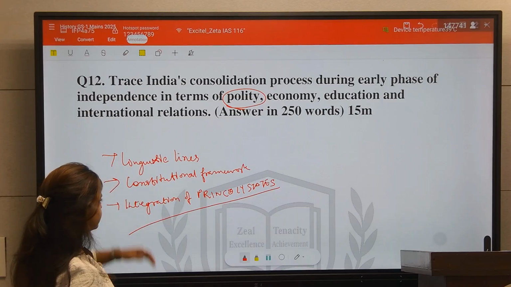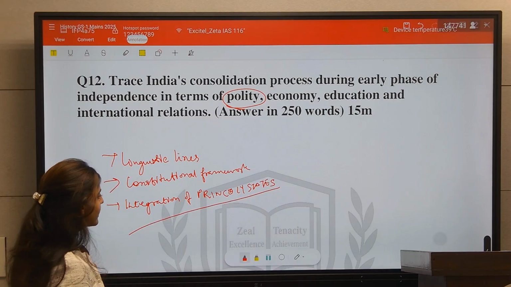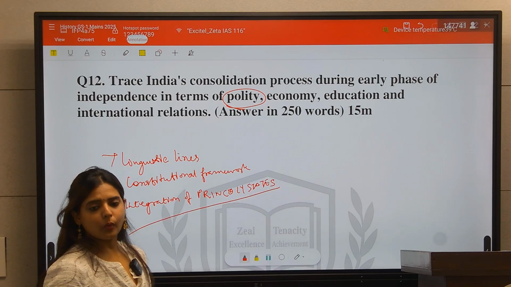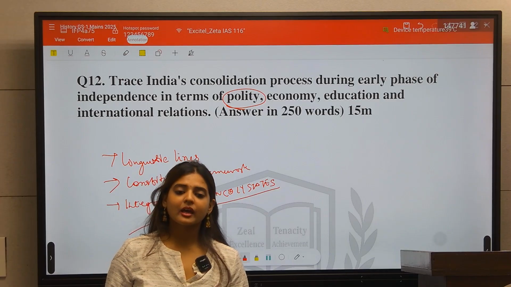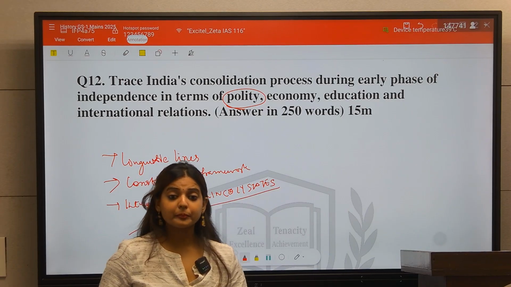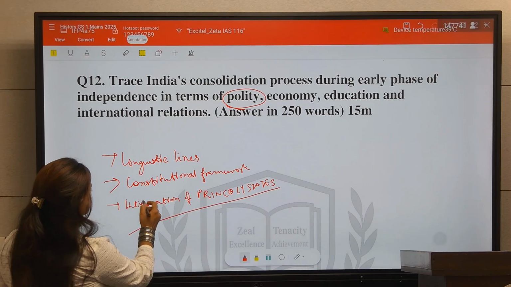In polity, okay, how and when the principles of equality, fraternity and all these were actually adopted in the constitutional framework.